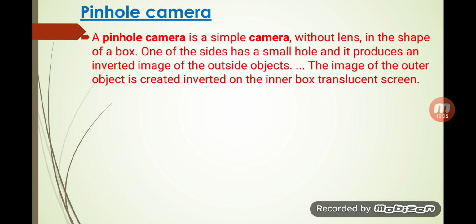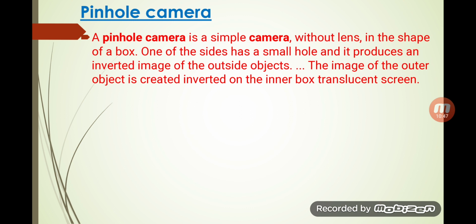One side, the front side, has a small hole, and it provides an inverted image of any object, and the image of the outer object is created inverted on the inner box translucent sheet.